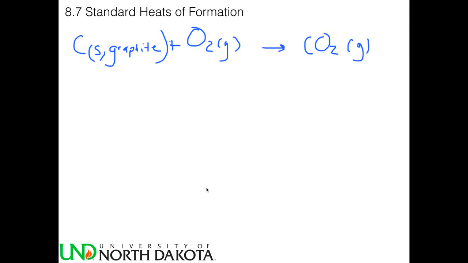However, if we wanted to form carbon monoxide, which would be a gas in its standard state, the reaction for the standard enthalpy of formation, or standard heat of formation, defines that we can only form 1 mole of this compound. And again, we would have solid carbon in the allotrope of graphite.